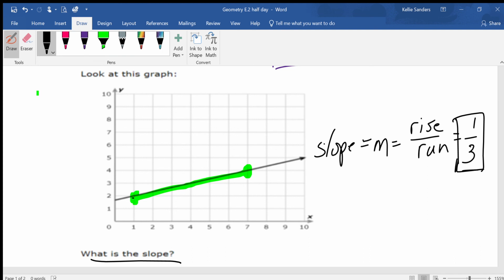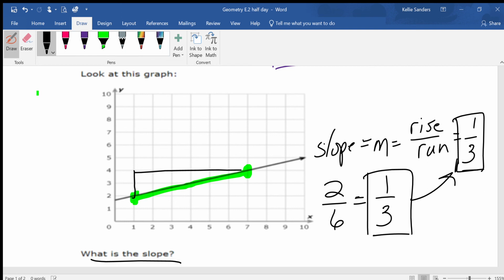To get from point to point, I'd rise over run, so I'd rise 2, and I would run 6. If you put 2 over 6 in Excel, I hope it counts it wrong, because it would be wrong, because you must reduce it if it's a slope. So 2 over 6 reduces to 1 over 3. So again, we get the same answer. It doesn't matter which points you use as long as you count correctly.